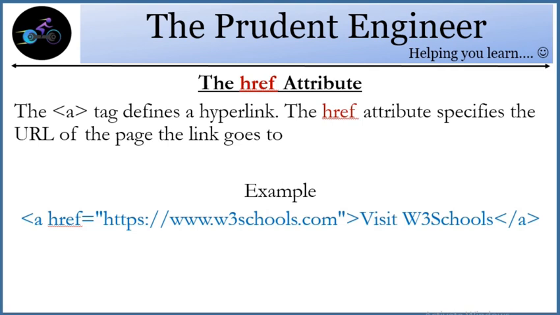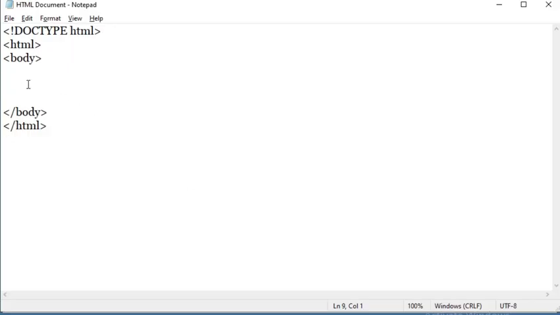Last module we talked about the href attribute. We define it in the a tag, as in anchor tag, to define the hyperlink, and the href attribute specifies the URL you want the user to go to. Suppose I want to make my user go to google.com by clicking a link which says click here.